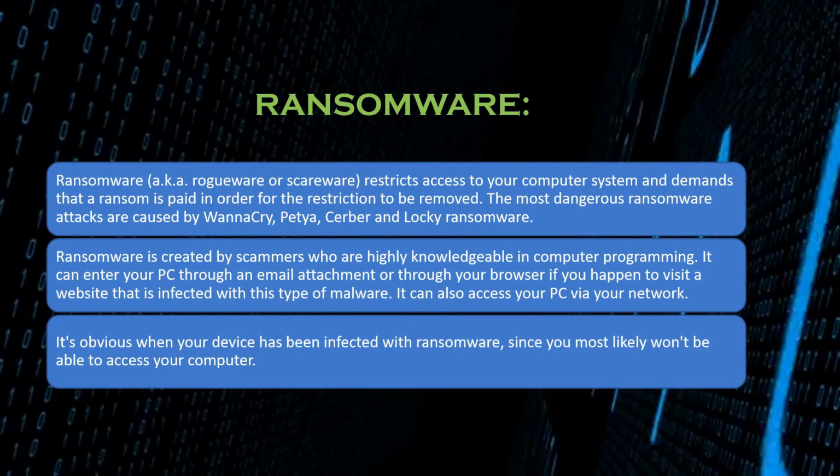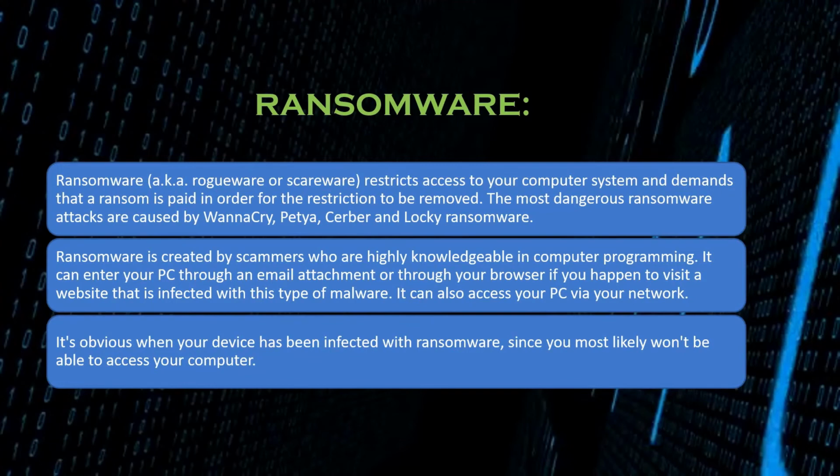So now ransomware. Ransomware is basically created by scammers who are highly knowledgeable about computer programming, and if ransomware comes onto your computer, it can gain whole control of your system.